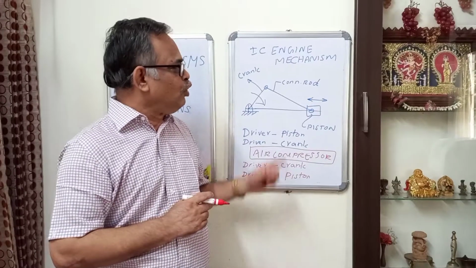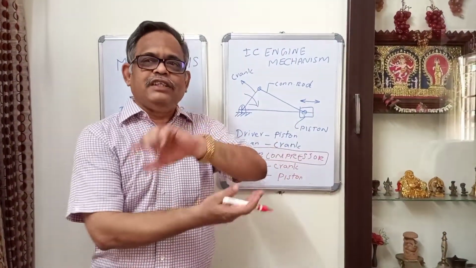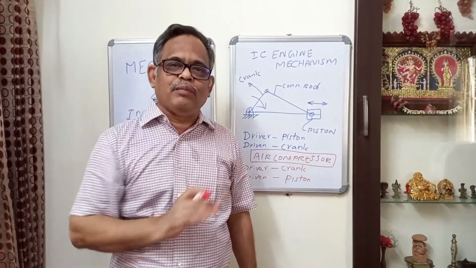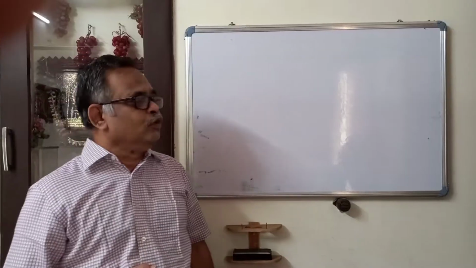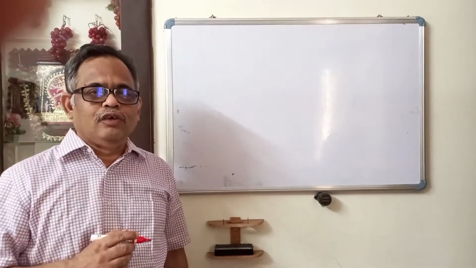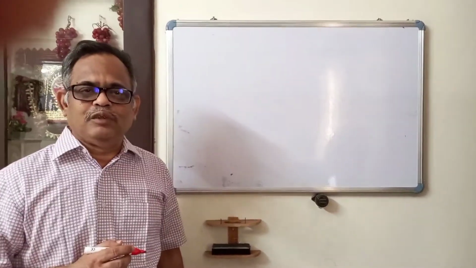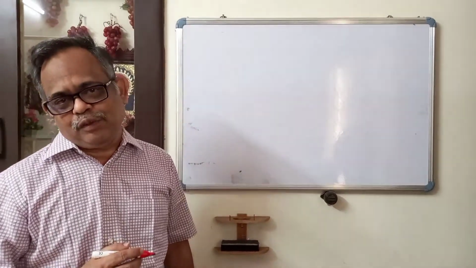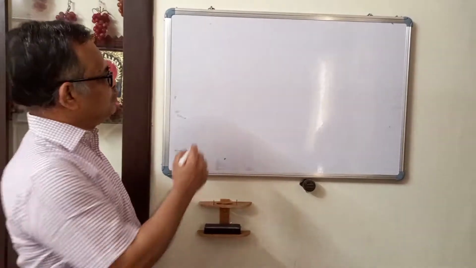So for any mechanism, when it is reversed or inverted, it is called the inversion of that particular mechanism. As I told you, the air compressor is the inversion of IC engine mechanism, and IC engine is the inversion of air compressor mechanism.